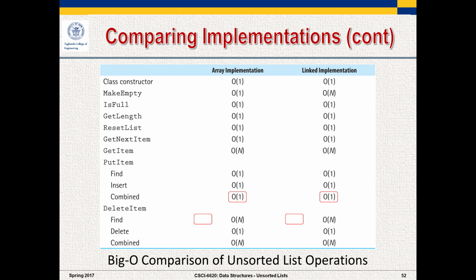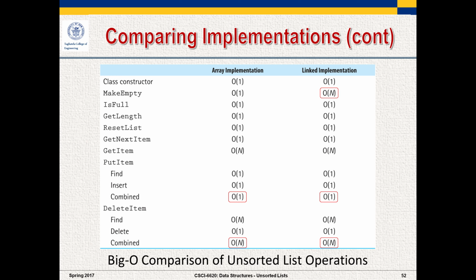However, delete item is going to be order n, because delete item implies that you have to find it first before you can delete it. You might say this is pretty much the same, however at least in one case there is a distinction that points up the major difference between an array implementation and a linked list implementation.